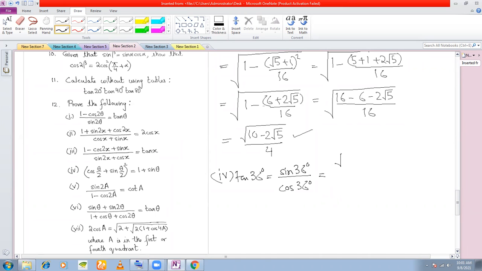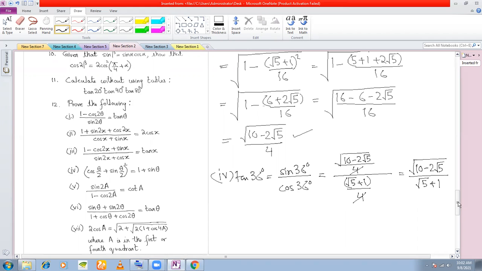Sine 36 we have found above to be square root of 10 minus 2 root 5 divided by 4. And cos 36 we have found this out to be root 5 plus 1 by 4. So 4 and 4 cancel here. So you get square root of 10 minus 2 root 5 divided by root 5 plus 1.